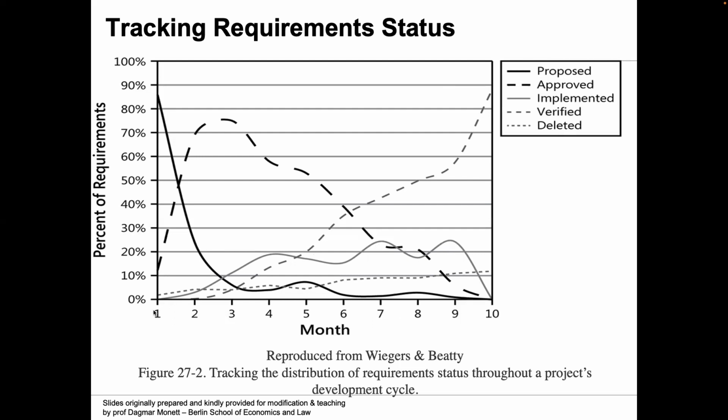If you follow the deleted dotted version, in the beginning, obviously there weren't any, and over the period of months, we can see that they grow over the 10% mark. So that's also one way of tracking the status of the requirements. And yeah, I hope you're getting a hang of it.